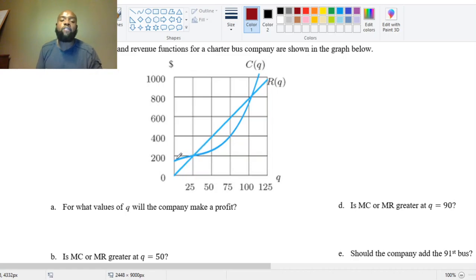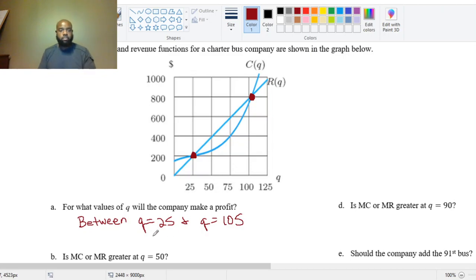And so if I look at my function, it starts out at a loss because my cost is above my revenue. But once I get to this point where Q equals 25, and this point right here at a little bit bigger than 100, we're going to say that your company makes a profit between Q equals 25 and Q equals 105.